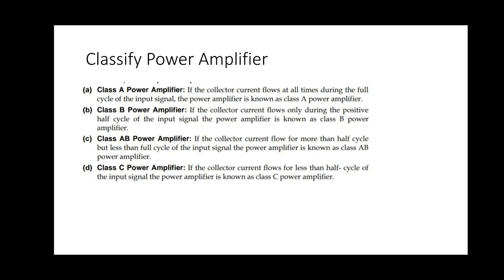In class AB power amplifier, the conduction angle is greater than 180 degrees but less than 360 degrees. In class C power amplifier, the conduction angle is less than 180 degrees.